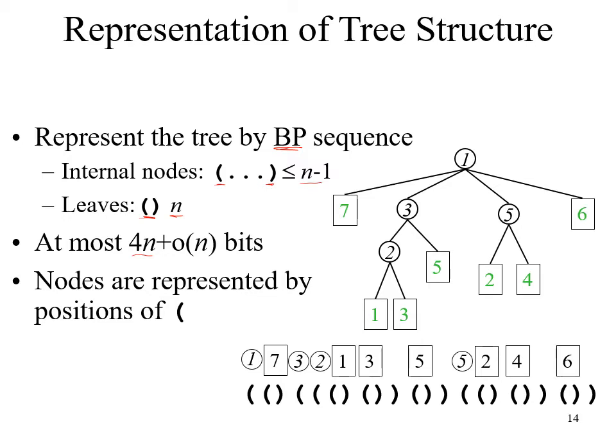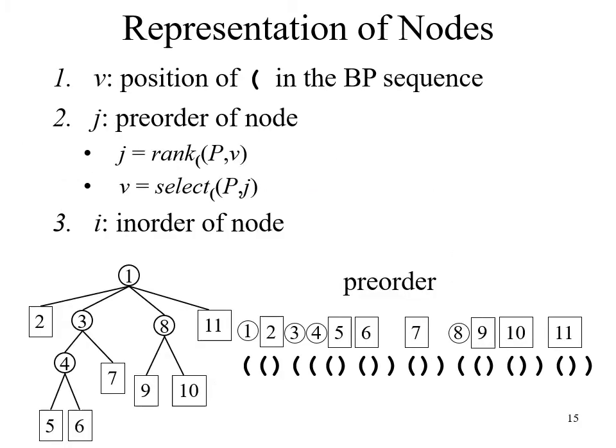And a node is represented by the position of the corresponding open parenthesis. This is already explained. So given the position V of the open parenthesis of a node, we can compute a pre-order and in-order of that node.